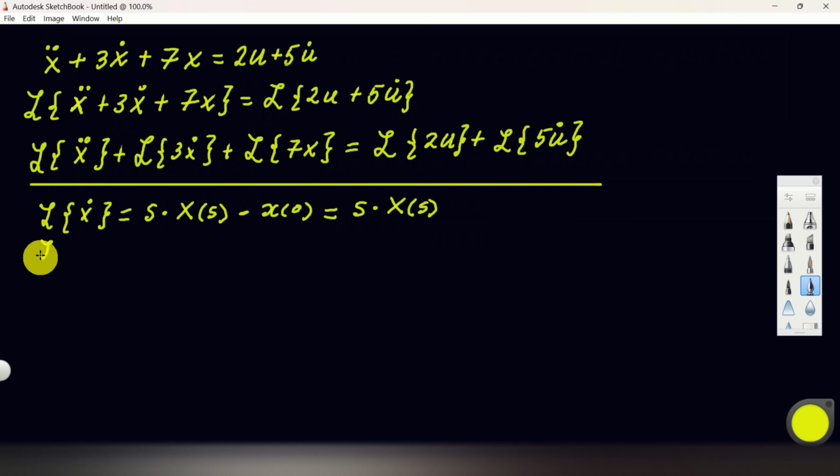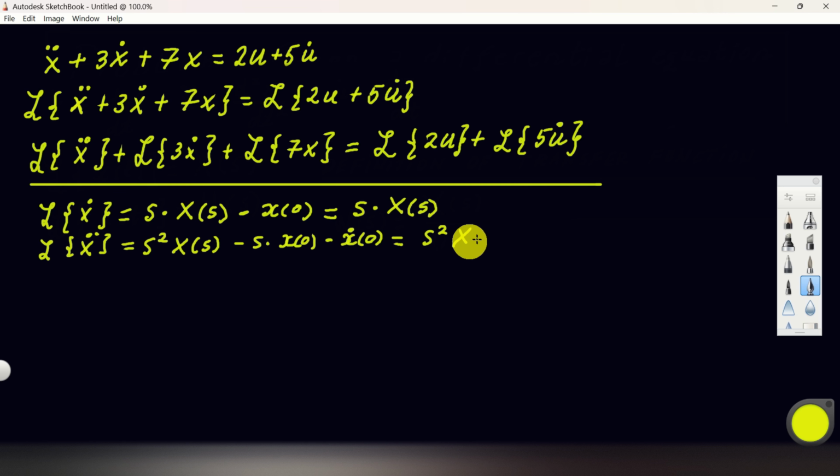Then, the Laplace transform of x double dot, or the second derivative of x, is equal to s squared times X of s, minus s multiplying the initial condition x0 in the time domain, minus the first derivative of the initial condition in the time domain. Since the initial conditions in the time domain are neglected when defining the transfer function, we obtain s squared multiplying X of s.